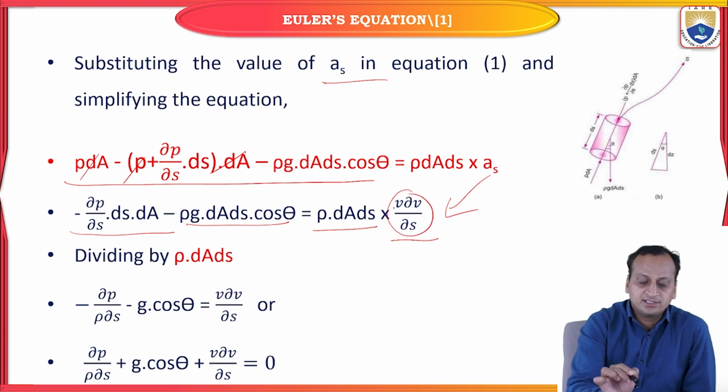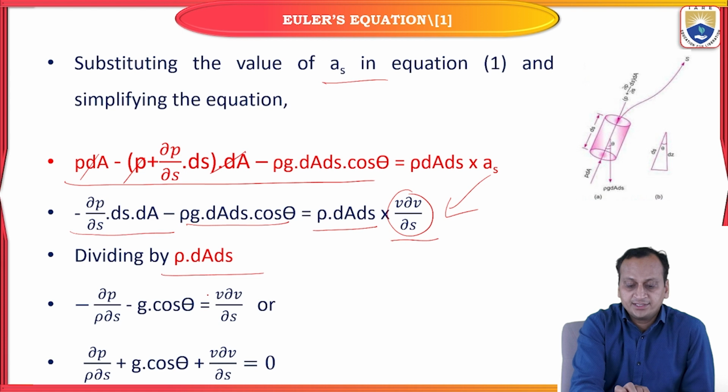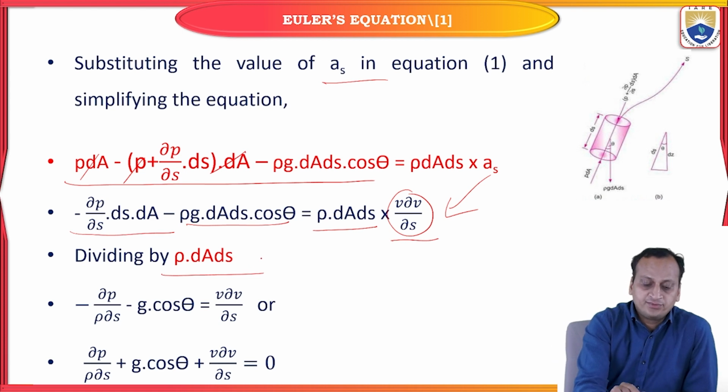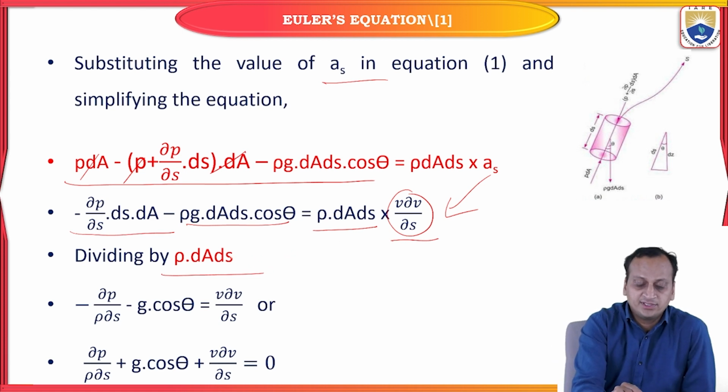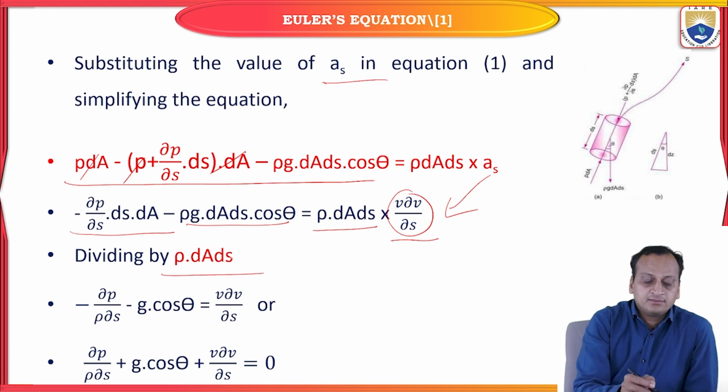This indicates acceleration. Now I am going to divide the entire equation by rho dA ds, that means the mass of the fluid particle. If you divide the entire equation on either side by the mass of the fluid particle, it becomes minus dou p by rho dou s, minus g cos theta, since rho dA ds gets cancelled.